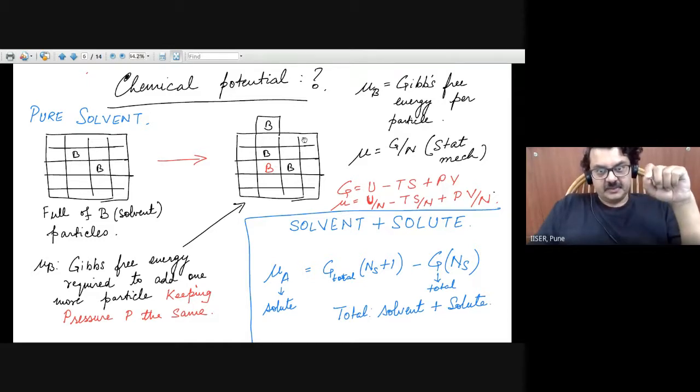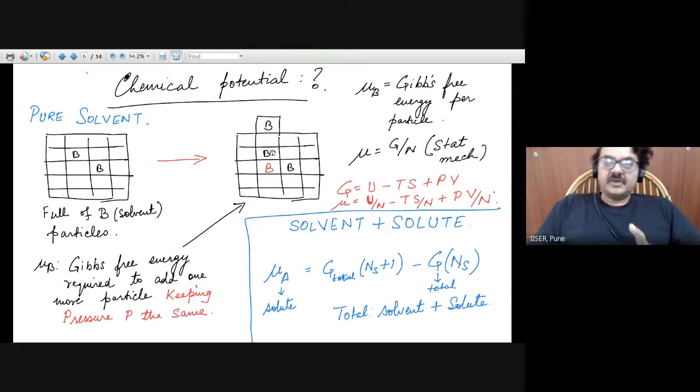So I've increased the volume a bit and added a B molecule. And basically, the chemical potential is the change in the Gibbs free energy when you add this extra B particle.